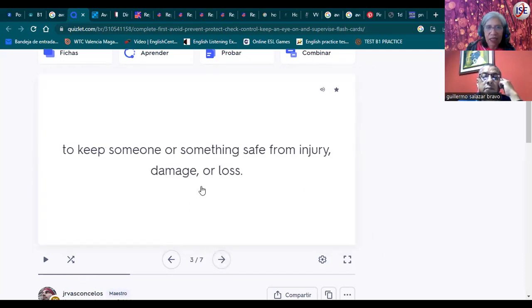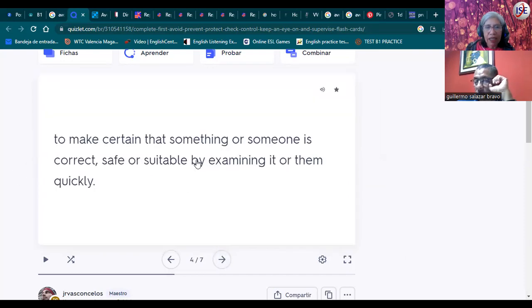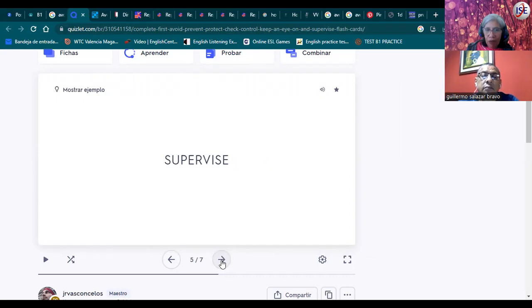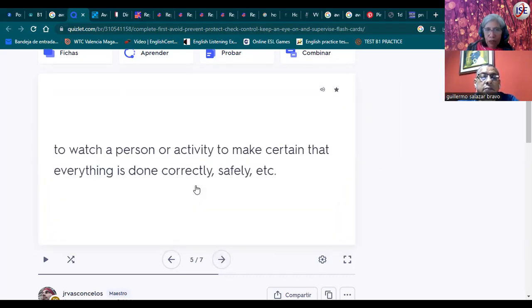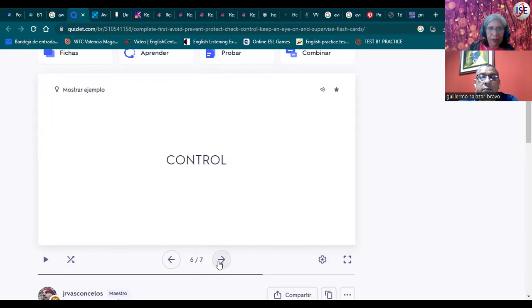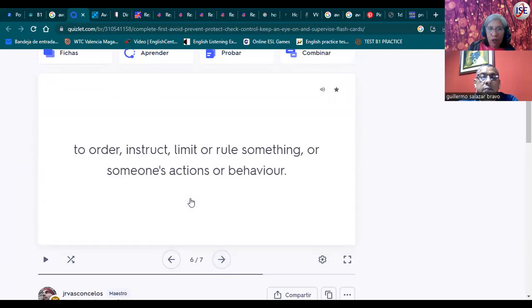Protect: keep someone or something safe from injury, damage, or loss. Check: to make certain that something or someone is correct, safe, or suitable by examining it or them quickly. Supervise: to watch a person or activity to make certain that everything is done correctly, safely, etc. Control: to order, instruct, limit, or rule something or someone's action or behavior.